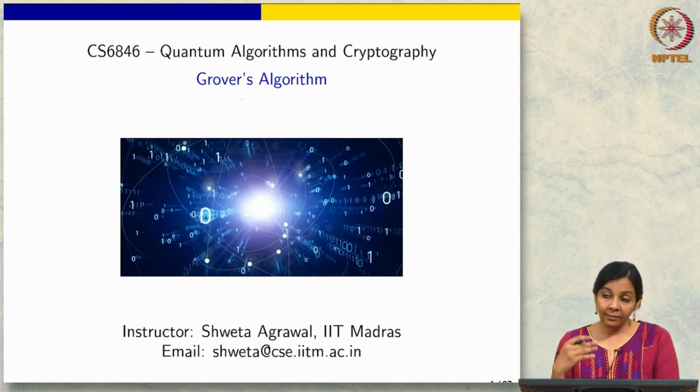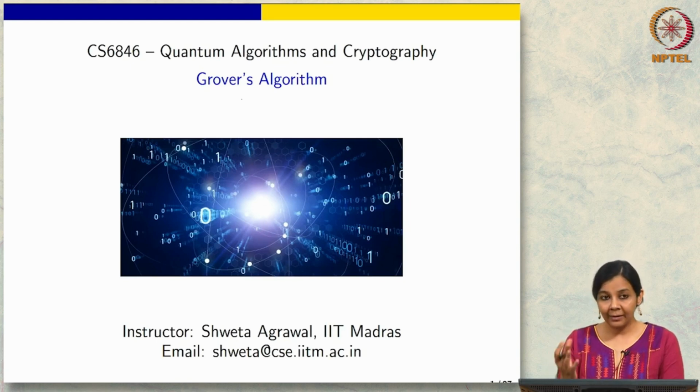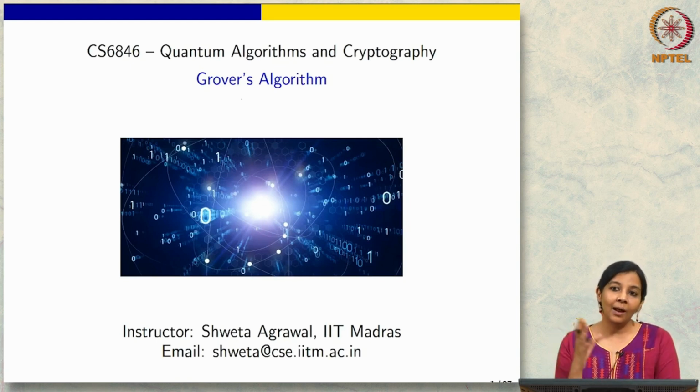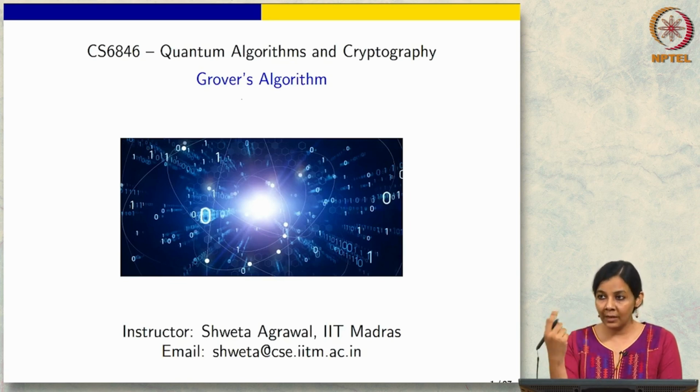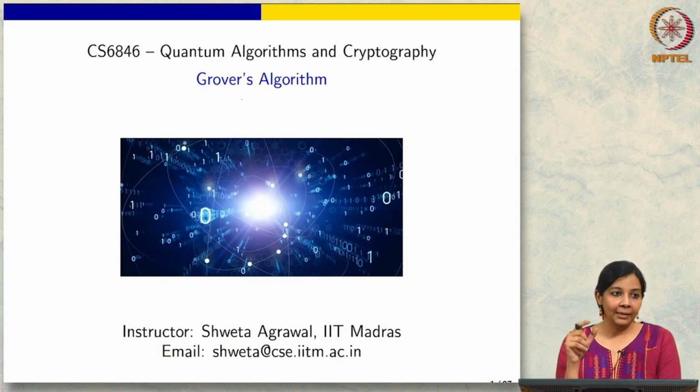This is a very important improvement, because the implication is that key sizes should be doubled. If you can search in square root of the worst case time, then when you are searching for a secret key in the key space, this is offering you a square root speed up.